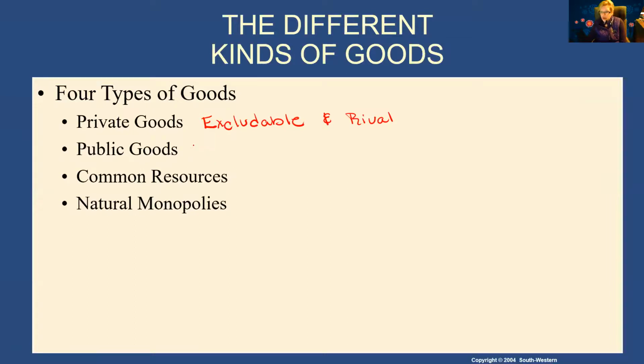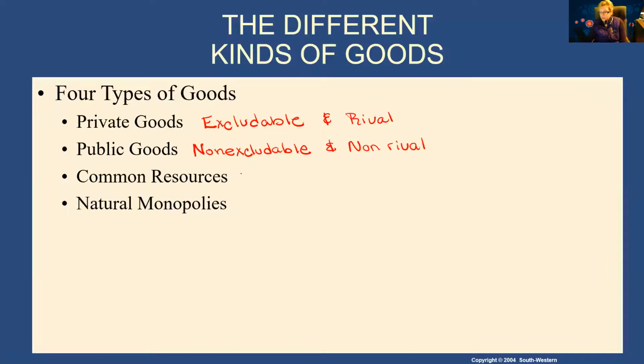Public goods are non-excludable. That's why it's difficult for us to create or to gauge how much there should be. So we can't prevent someone from using it. They're also non-rival. One person's use doesn't preclude someone else's.